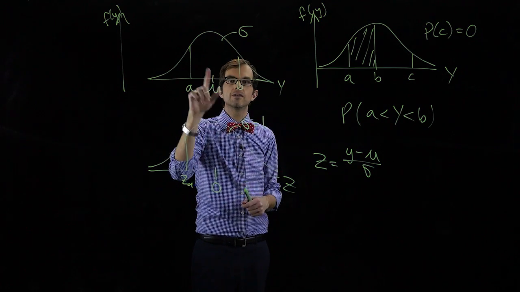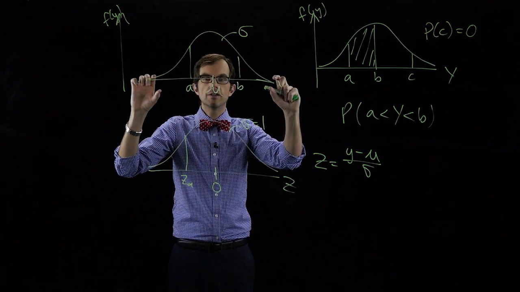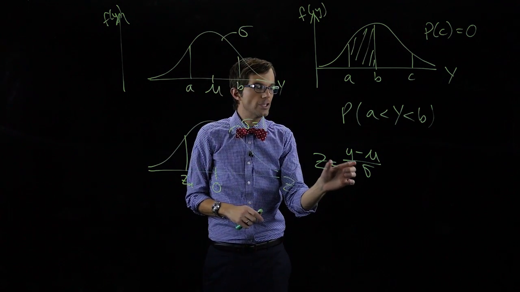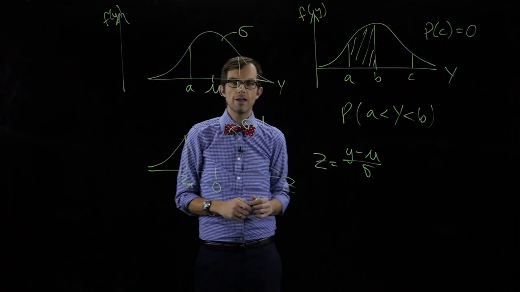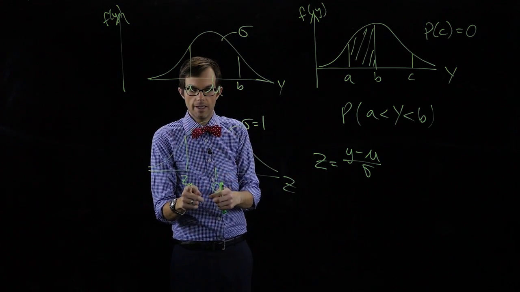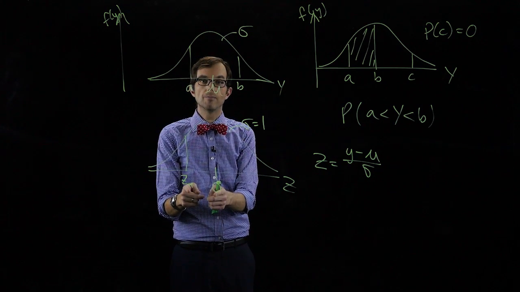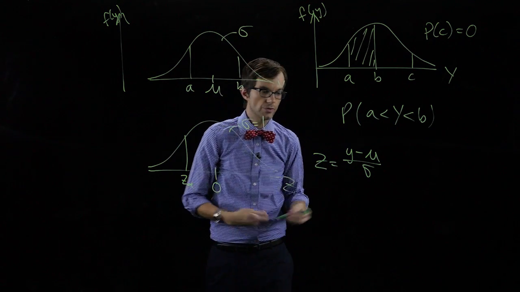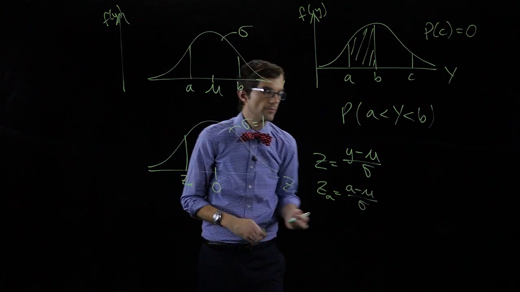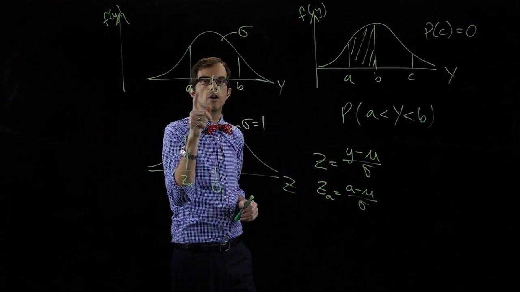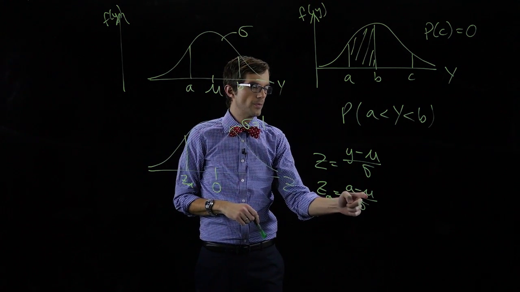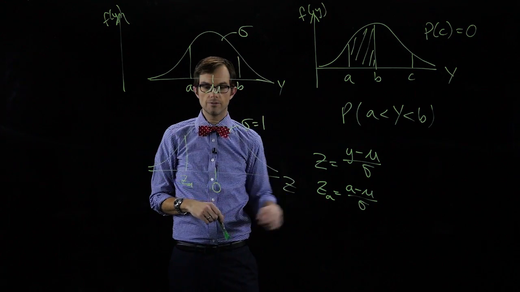No matter what this is, we're converting this unit into something that we can understand a little bit better, and that is a unitless number of standard deviations away. How far away is this value from the mean? It lies this far away, calculated with this. So here, z sub a is a minus mu over sigma. How far away is this value from the mean in standard deviation units?